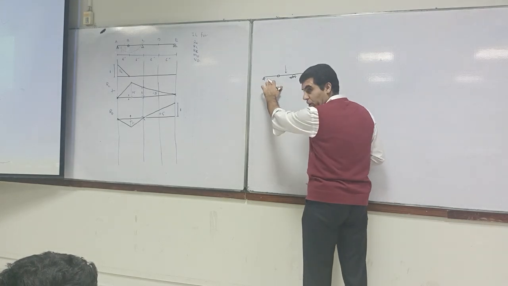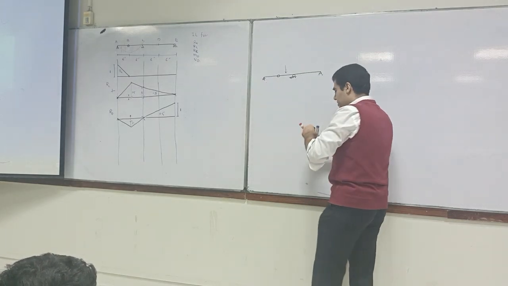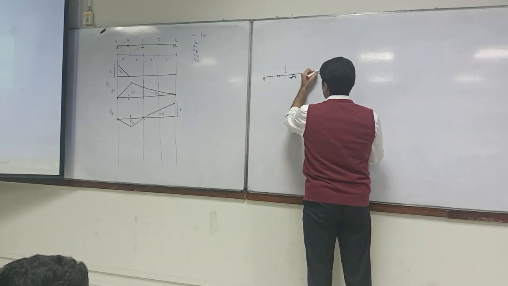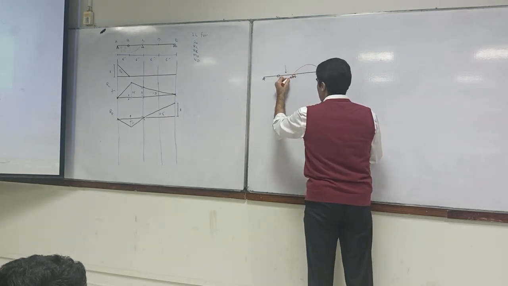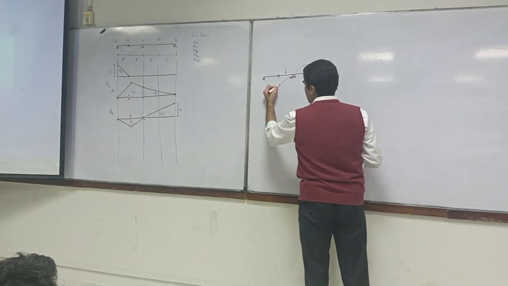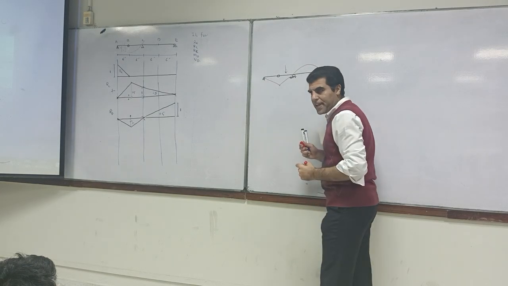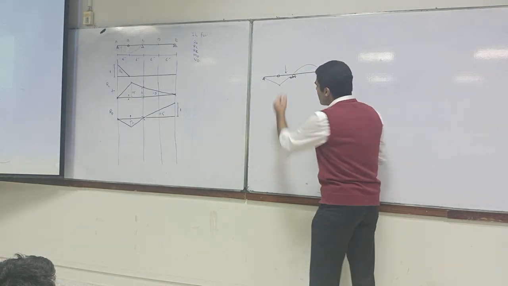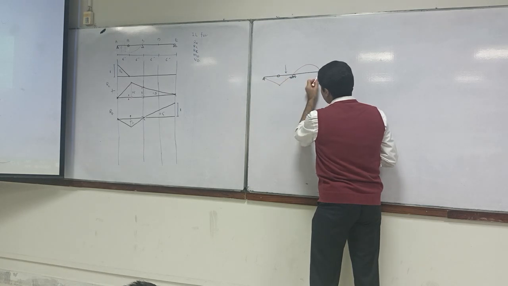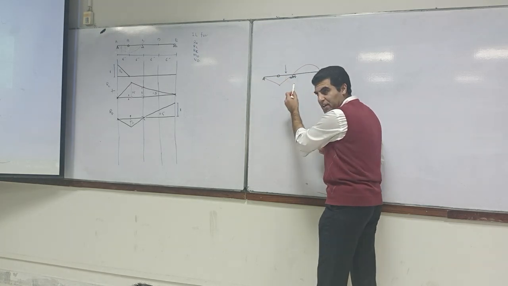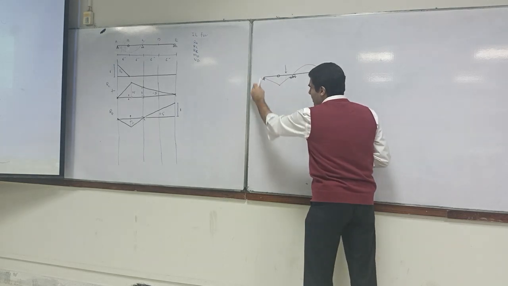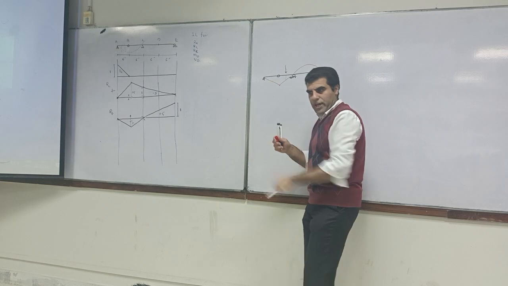Why is it not going there? Because what will happen, this will bend like this, and this is just a link. So if you put the load over here, obviously these two are restraining this curve. This one is just a link, so it is not taking anything.